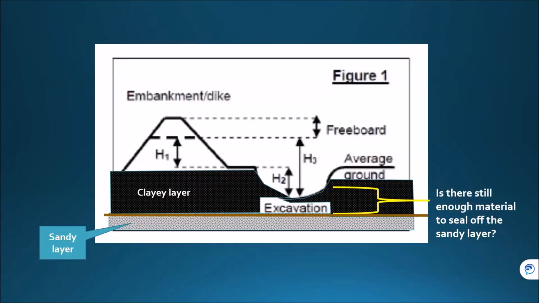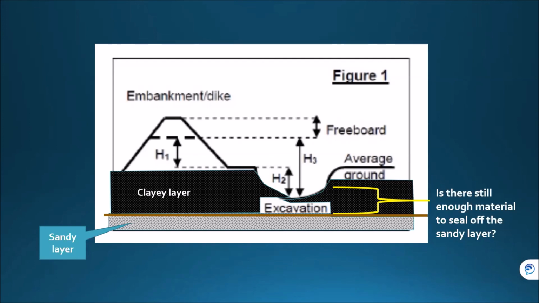This is not the greatest of figures, but it's right straight out of the specs. When we talk about doing our excavations and where we're going to put that spoil, if we have some highly permeable material down below and a clay layer, are we going to have enough of that clay material still there when we do the excavation for that dike embankment, macro work, whatever it is that we're doing?